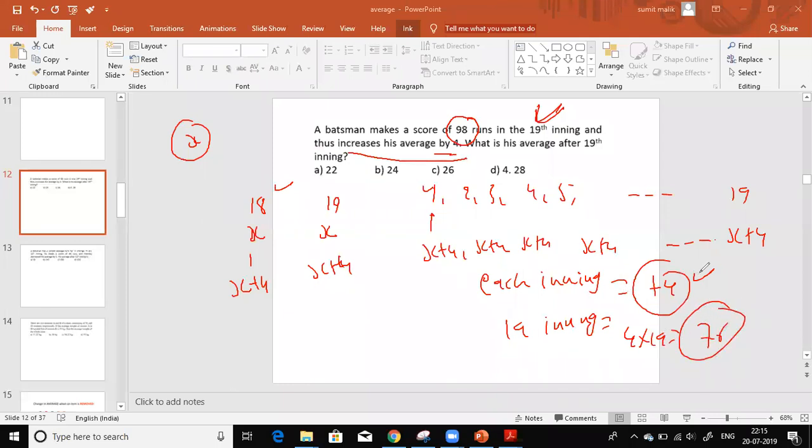If each inning he is scoring 4 runs extra, then in 19 innings he is scoring 76 runs extra. The total runs he scored in the 19th inning is 98, but he is scoring 76 runs extra.